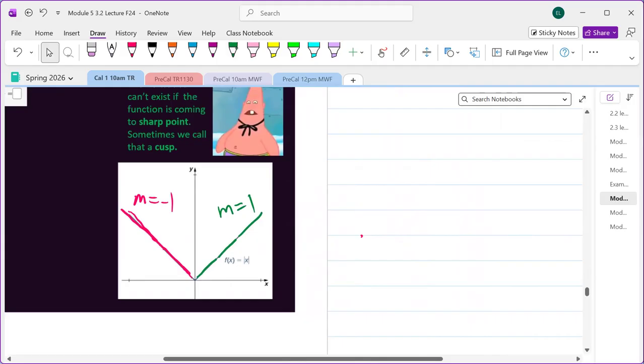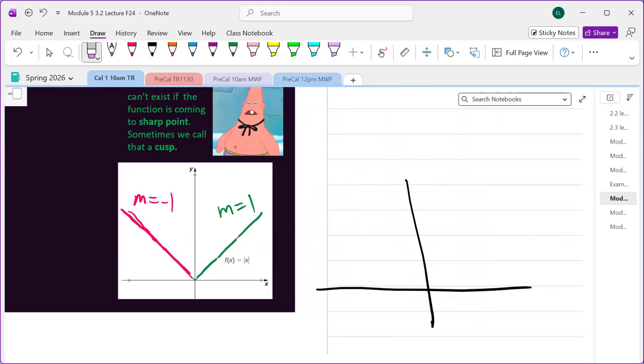So if I'm going to graph the derivative, before x equals 0, my slope is -1. After x equals 0, my slope is +1.